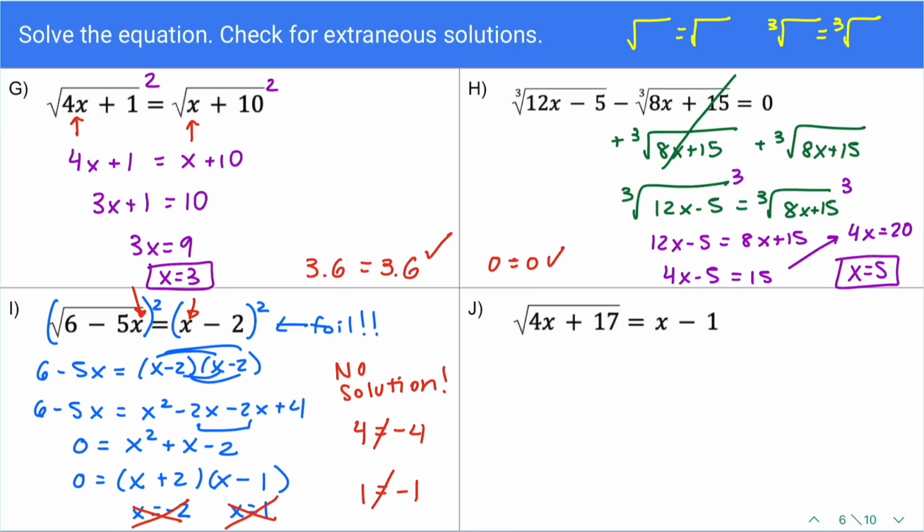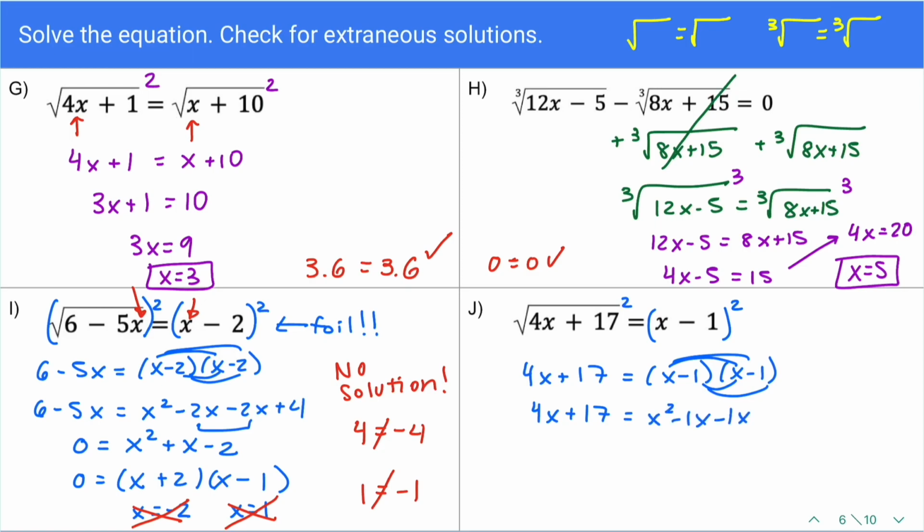Okay, so same process on the next one. We're going to go through. I have a radical on one side and a non-radical on the other side, but I can square both sides. So I get 4x plus 17 equals, FOIL this out, 4x plus 17 equals x squared minus 1x plus 1.